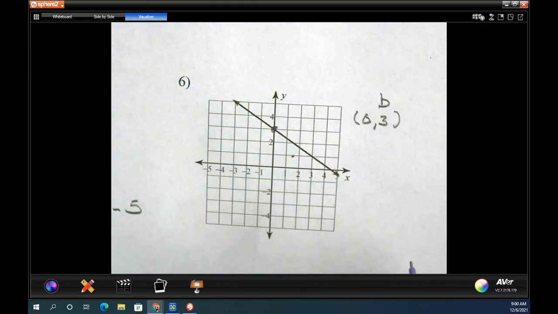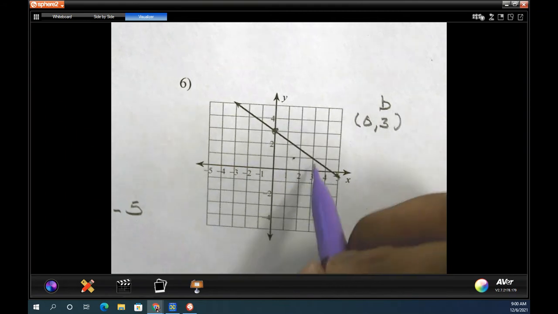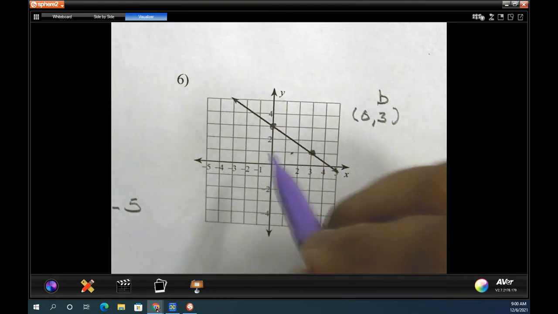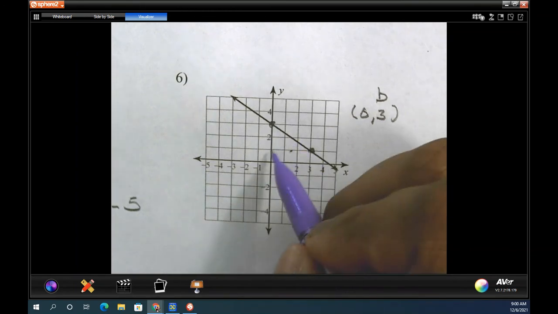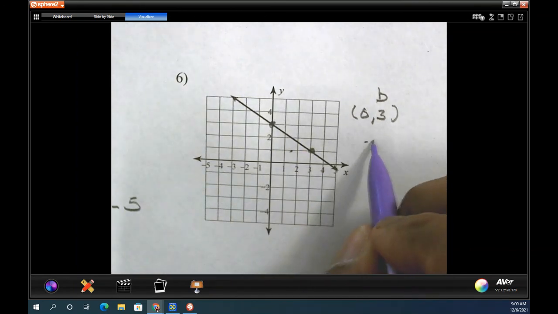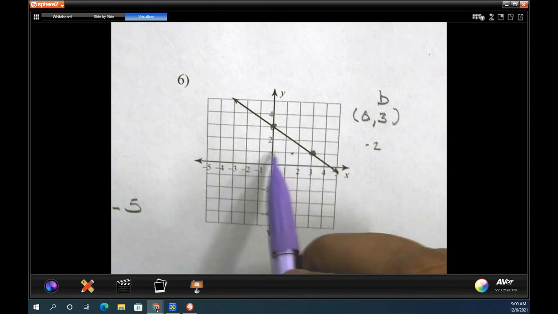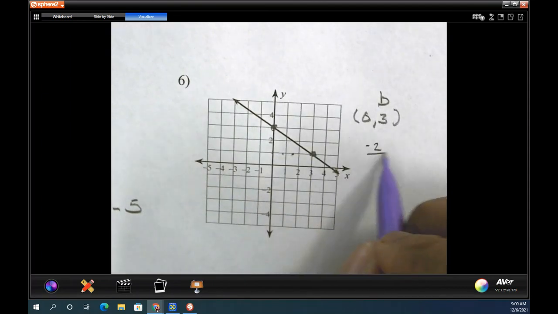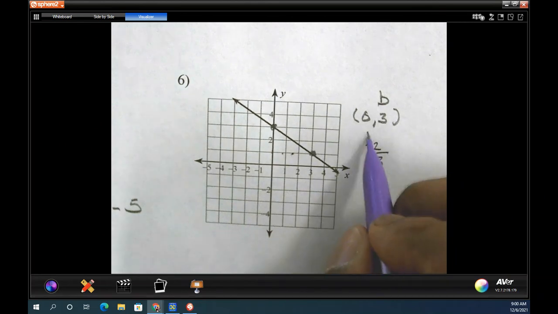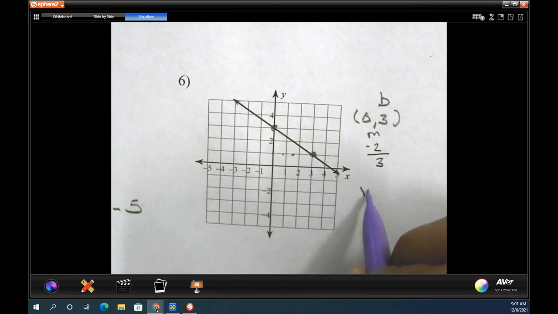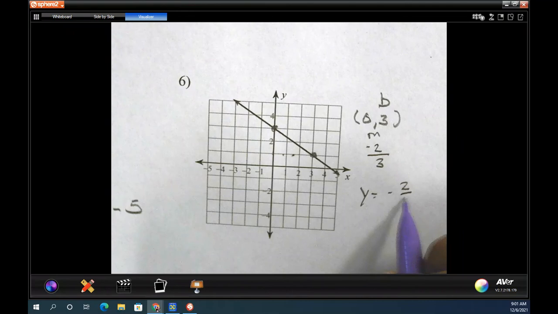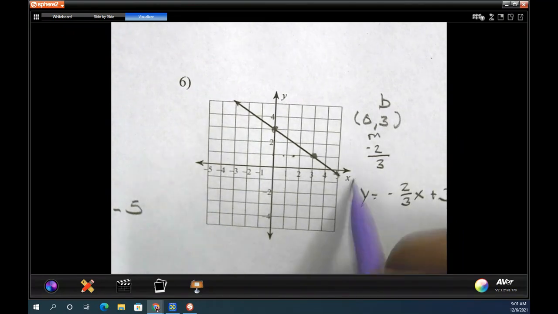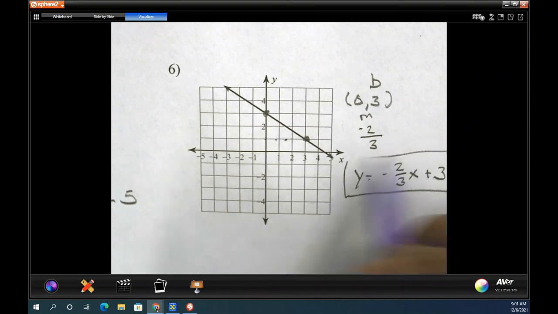Now, it goes through this point right here. Now, it goes down 1, 2. So that's negative 2. Goes to the right, 1, 2, 3. So there's your slope. So it's y equals negative 2/3 x plus 3. There's your answer.